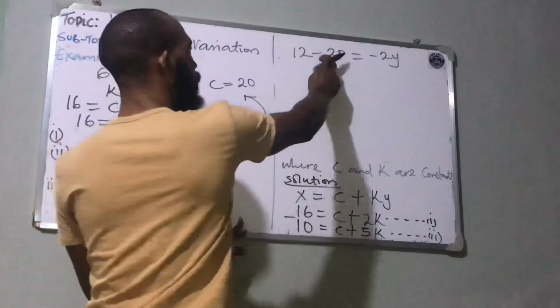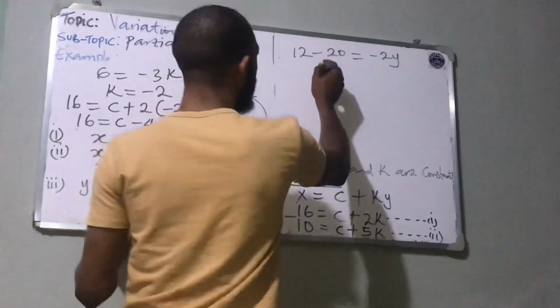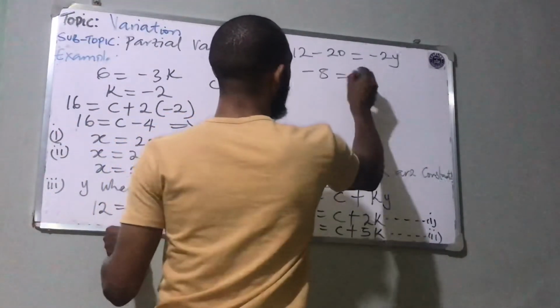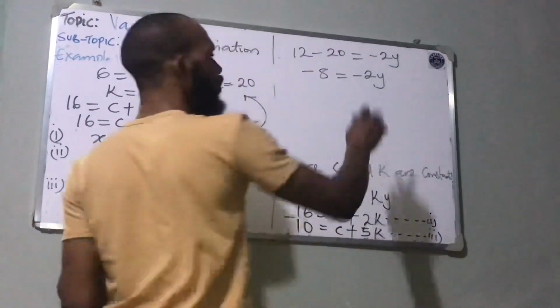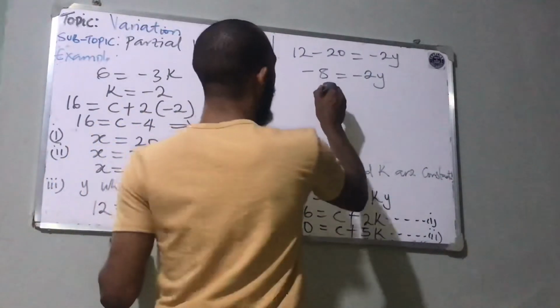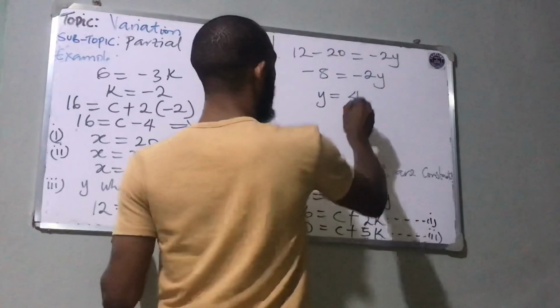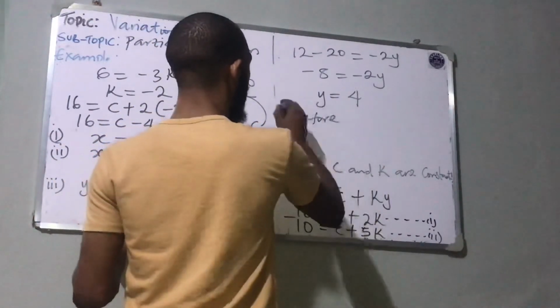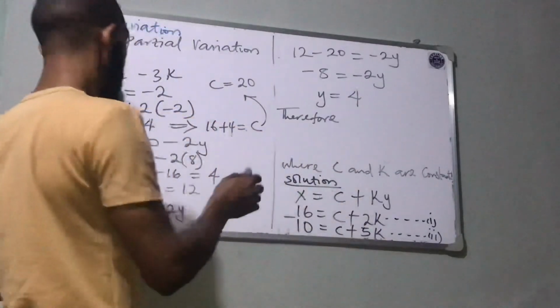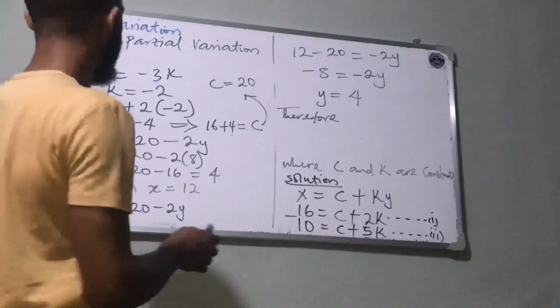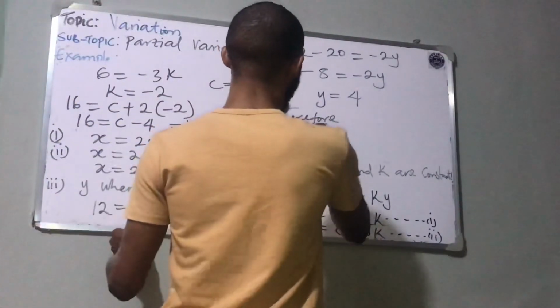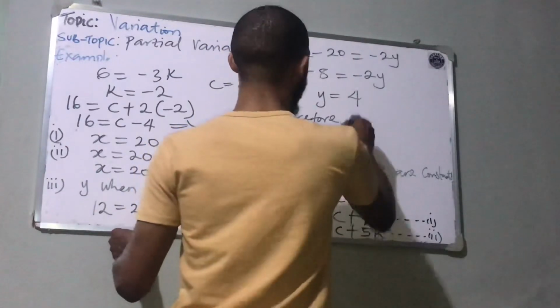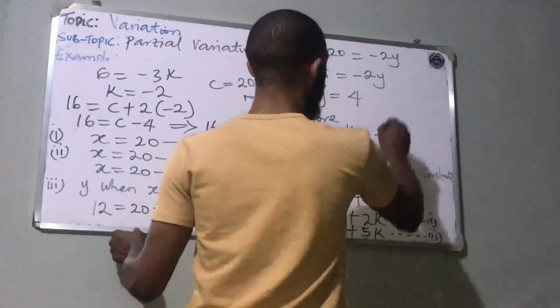So 12 minus 20 will give me minus 8, equals minus 2Y. I'll divide both sides by minus 2 here, and I'll have my Y equals 4. Therefore, I have my C equals 20 and my K equals minus 2.